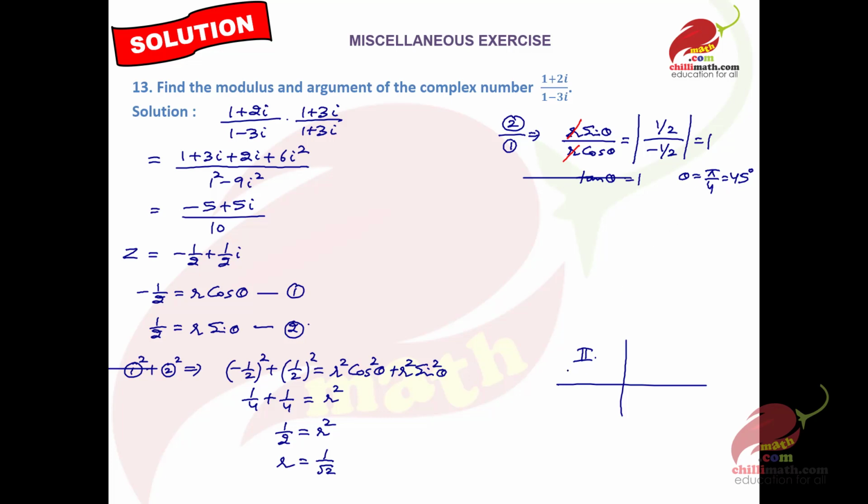Okay, so when theta is in second quadrant then we write the actual angle as pi minus theta. So our actual angle or the argument is equal to pi minus pi by 4, which is equal to 3 pi by 4, or in degrees 135 degree.